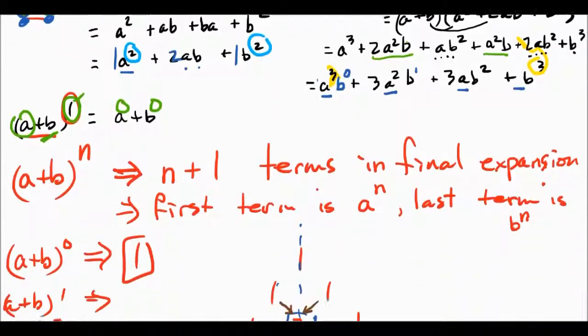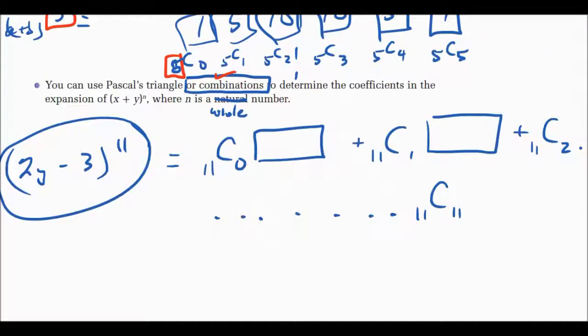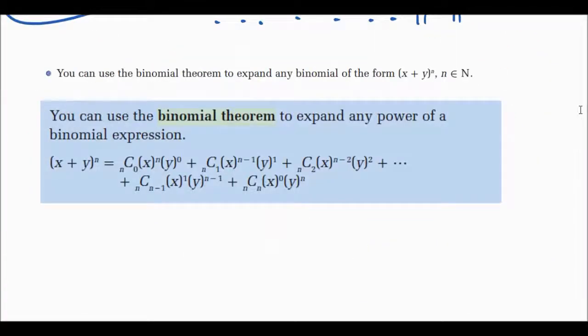You have something called the binomial theorem. We can use the binomial theorem to expand any power of a binomial expression. Now, a theorem is sort of like an idea or a set of rules that will help you do something, right? It's something established, a repeated pattern you can rely on every time.